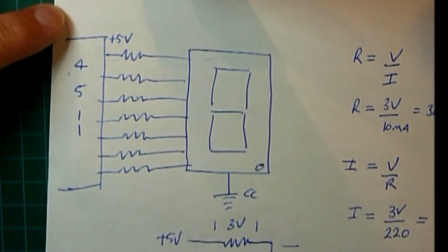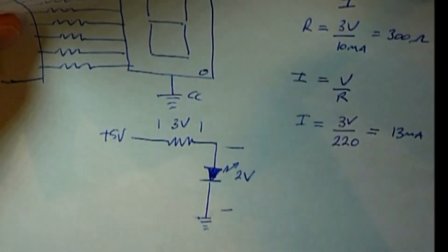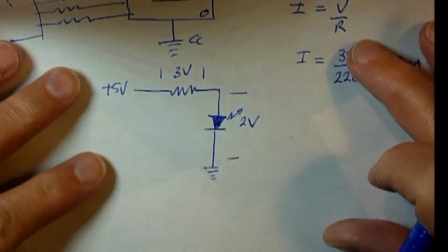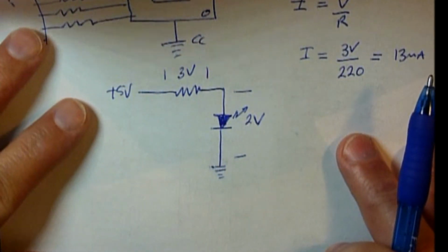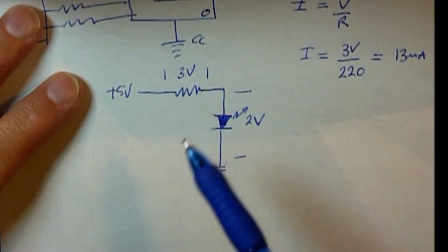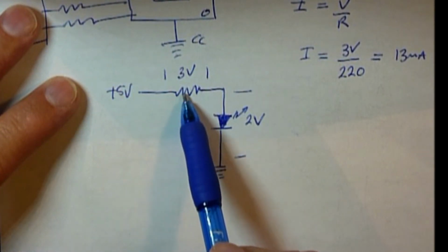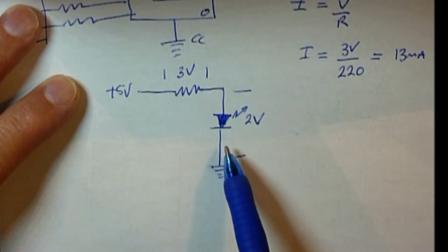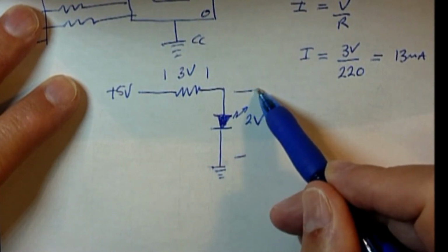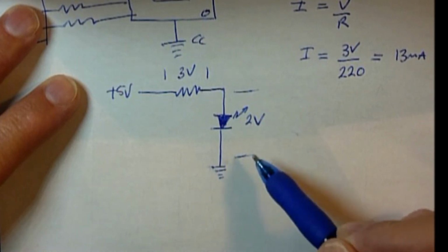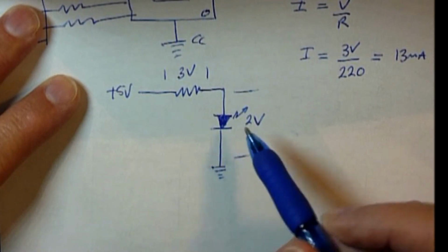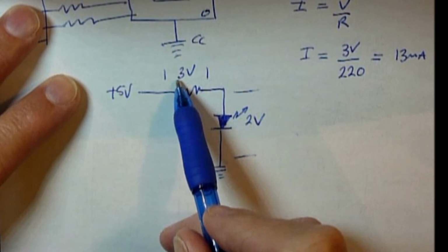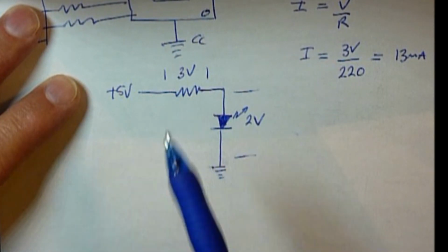If we look at our example circuit for one segment here, it's going to look something like this. We're going to have 5 volts coming in, the series resistor, and then the segment, which is really an LED. And we know from our previous work that we're dropping about 2 volts across this segment. If we have a 5 volt supply, that must mean there's 3 volts across the resistor.